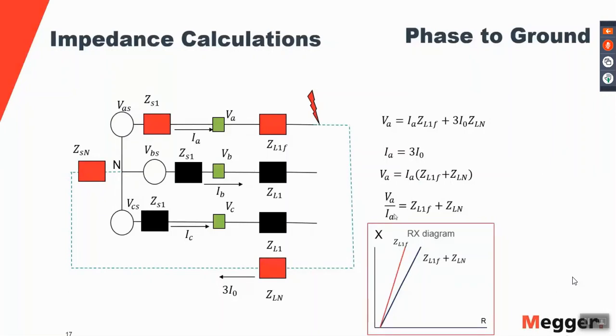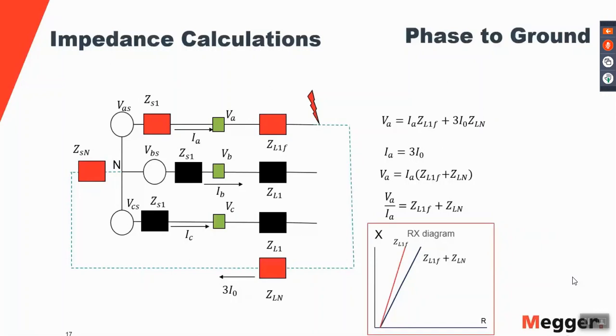But notice that in this case, the impedance of the fault, which is what we are trying to determine, is modified. It's modified by a term that is the impedance of the neutral. And it is an impedance that right now we do not know. We don't know what the value of that impedance is. And that's what we are going to try to determine later on.